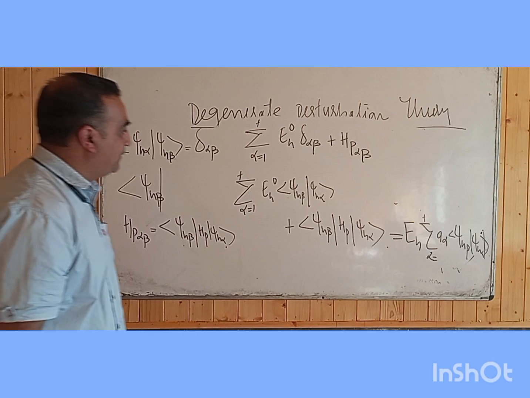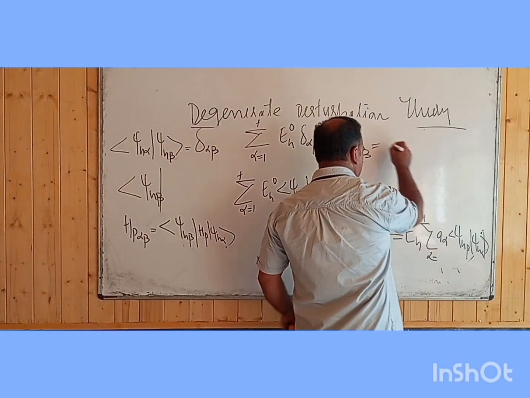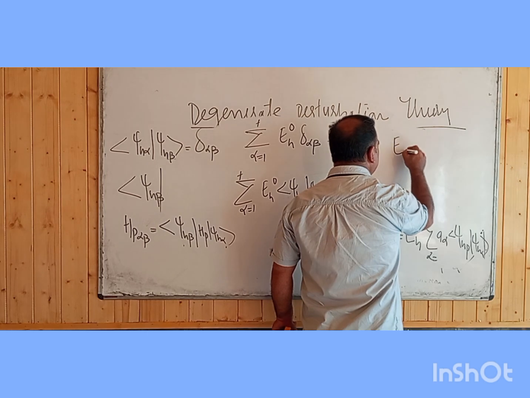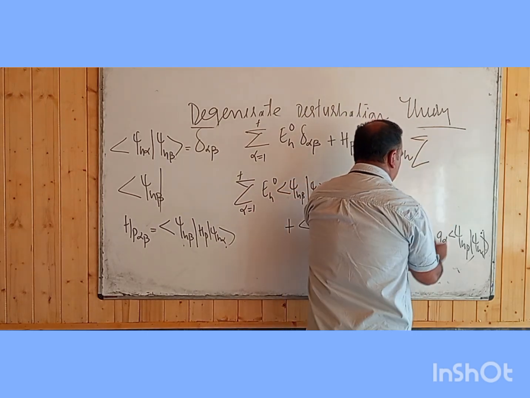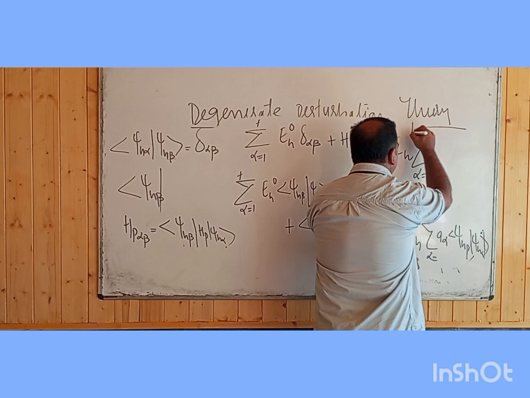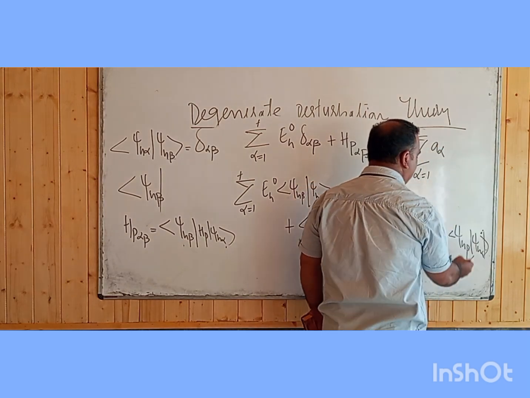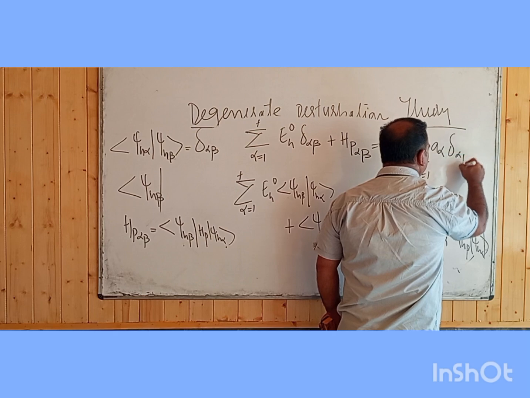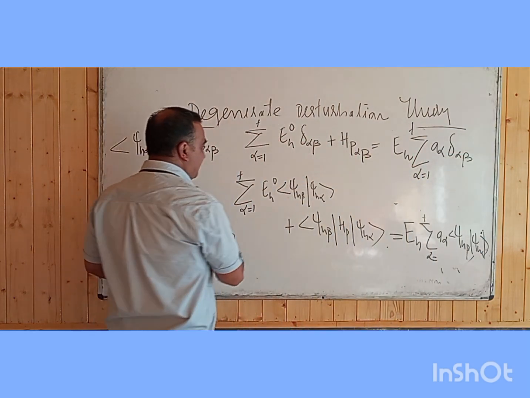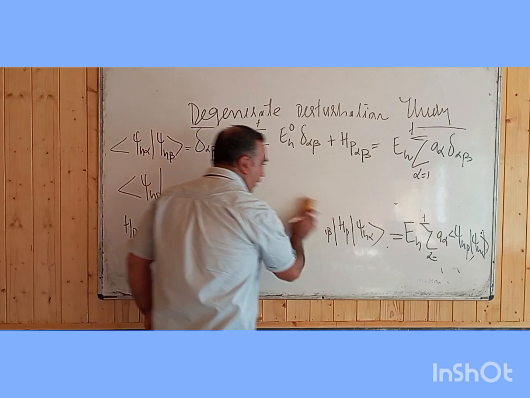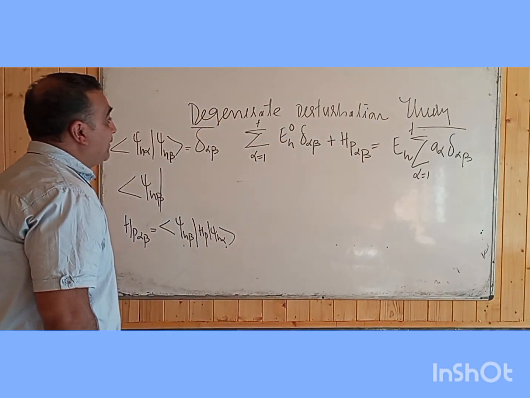Alright, so this is done, and now this is equal to En, sigma alpha runs from 1 to f, then we have A alpha and simply delta alpha beta. Okay, that's fine. So I can grab this part now. We are independent of this part now, and we have an equation.